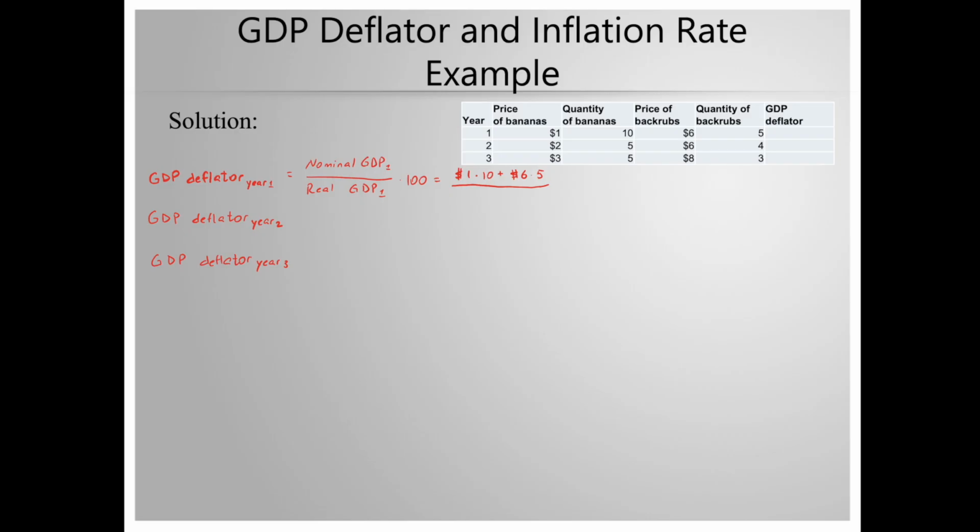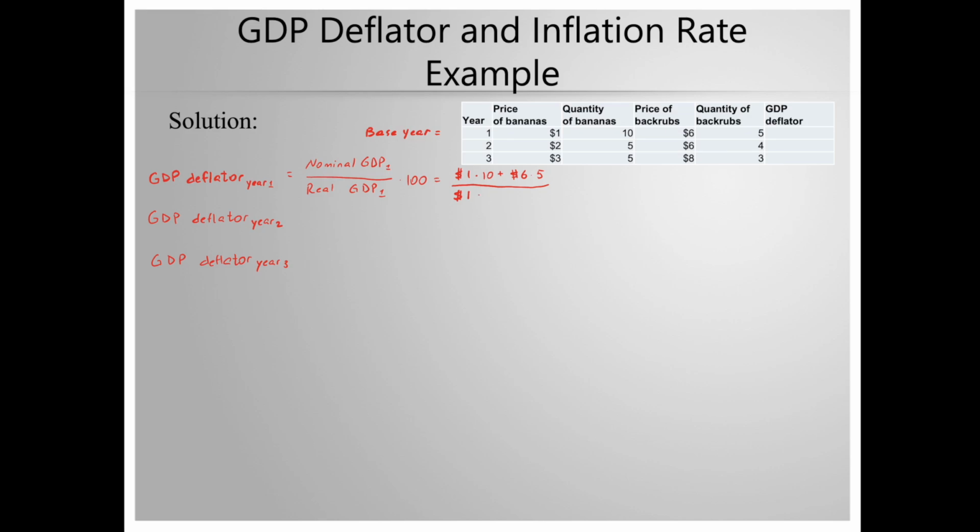Well, it depends what the base year is. Let's say our base year is year 1. Any year can be the base year, but in our case, we're using year 1. So the base year prices in year 1 are just the same as current year prices.